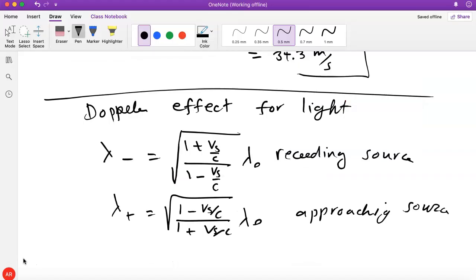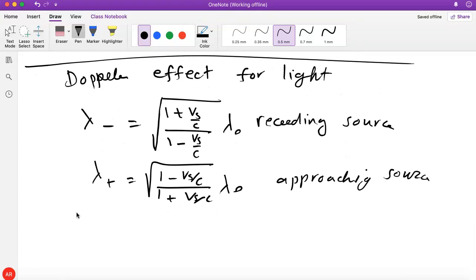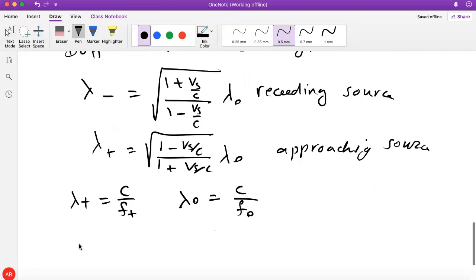Yeah, so these are the two equations that we need to study the Doppler effect for light, and it's easy to convert this to an equation for frequency, because we know that, let's say, lambda plus, for example, is the speed of light divided by the frequency that this observer measures, and lambda naught is similarly C over F naught, the natural frequency of the source.